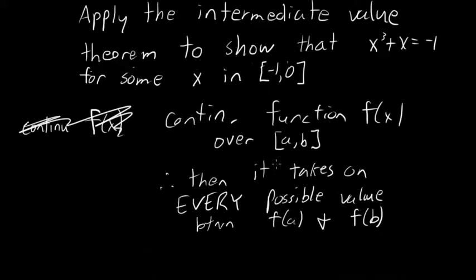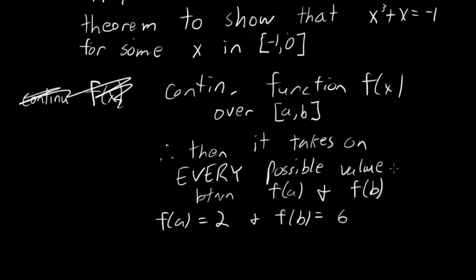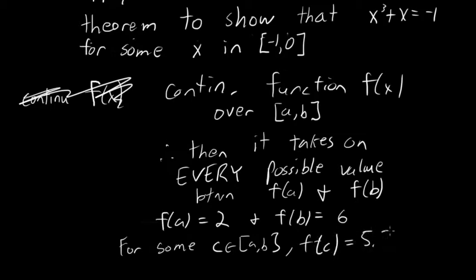For example, let's say f of x is continuous over the closed interval a, b, and f of a equals 2 and f of b equals 6. Then you know that for some c in the closed interval a to b, f of c equals 5.5, right?